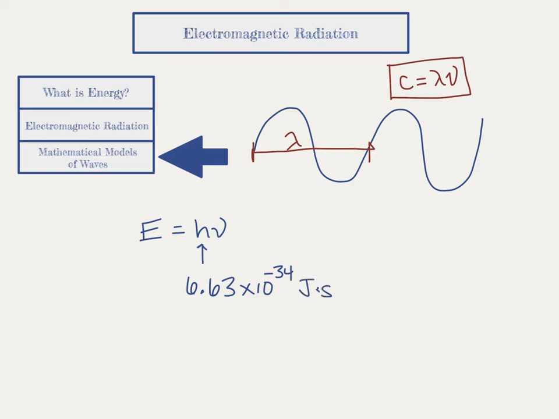You can think of this guy as the slope in between a plot of energy versus frequency. If you substitute in our frequency into our energy equation, we can rearrange our formula to get an equation that incorporates the wavelength of the wave.